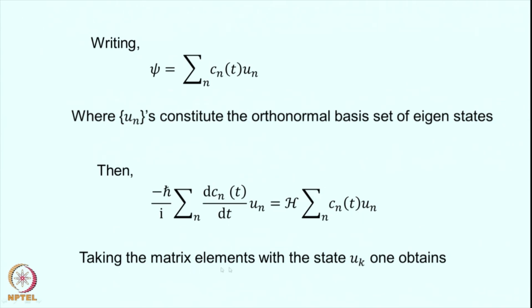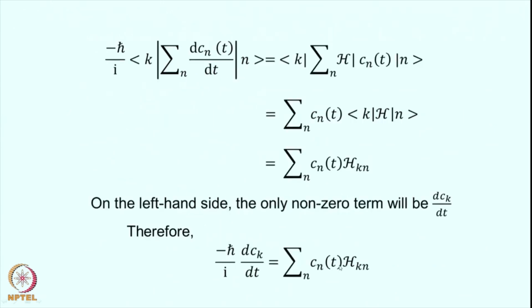Now, we take the matrix elements of this with the state uk. That means you multiply on the left with the bra k: minus h cross by i, bra k, summation over n dCn by dt, ket n, because this summation goes over the n indices, and that is equal, on the right hand side, to bra k, H, summation over n Cn(t) un, the wave function psi.